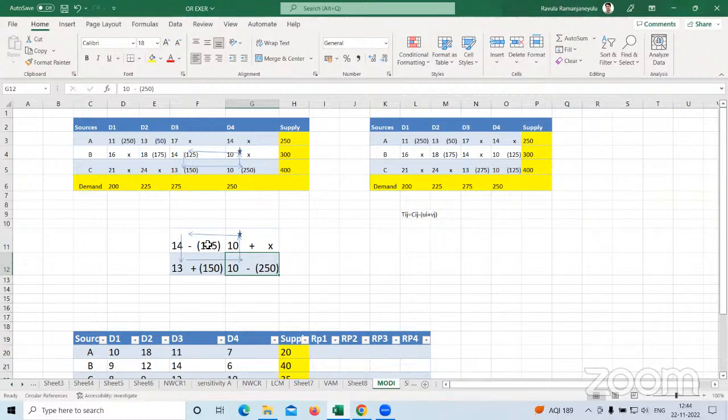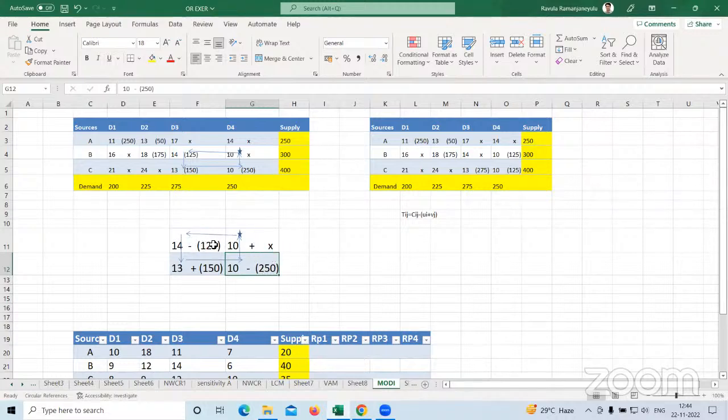That means this 125 units, whatever are there, those units are to be added to these two cells, this cell and this cell, and subtracted from this cell and this cell, the least number of units being 125. Then the allocation will make a difference.